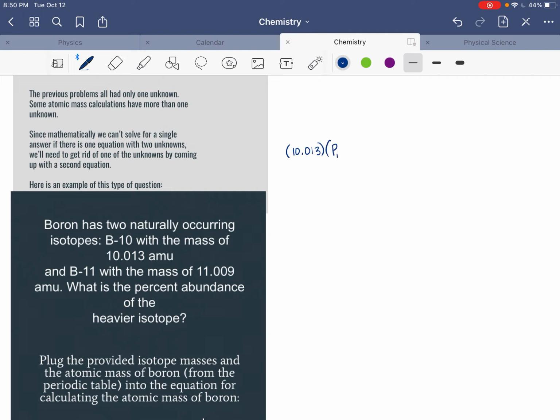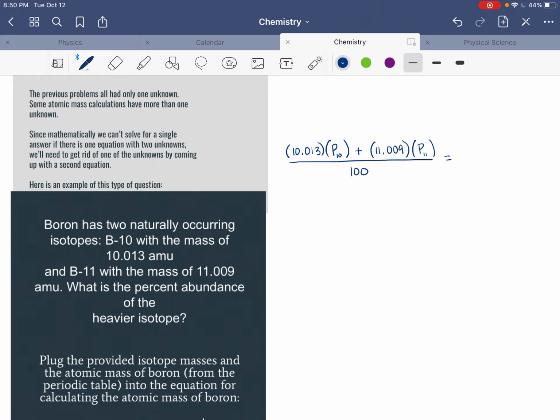Then I'm going to put a subscript of 10, so I know that's the percent of my smaller isotope B10. Okay, plus my other isotope, which has a mass of 11.009. And then again, I don't know the percent, so I'm going to have a P, and then the percent of this would be 11. Okay, and then we're going to divide that by 100.